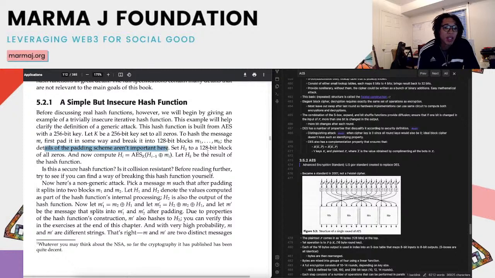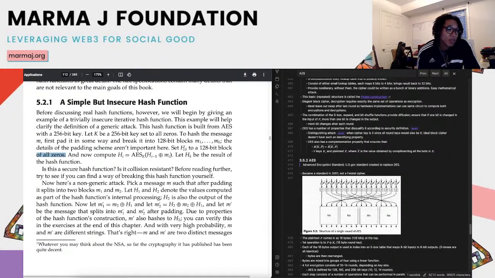Okay. Set H0 to a 128-bit block of all zeros. It's a hash.